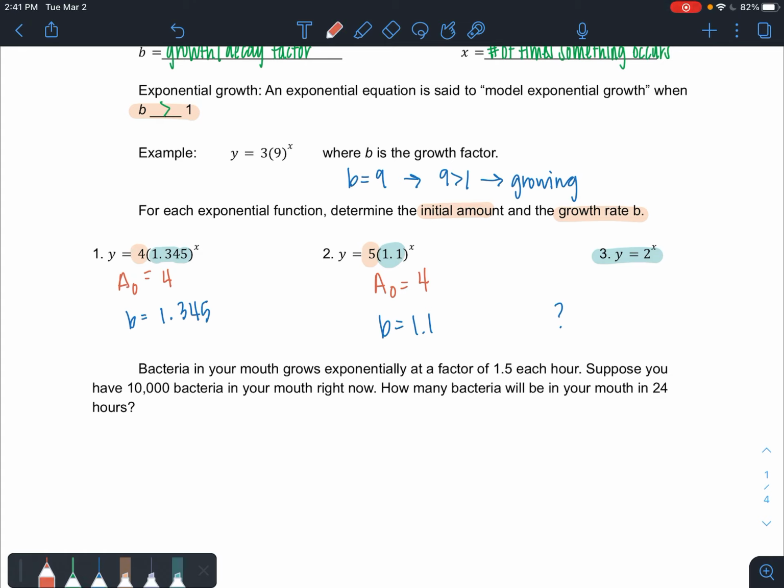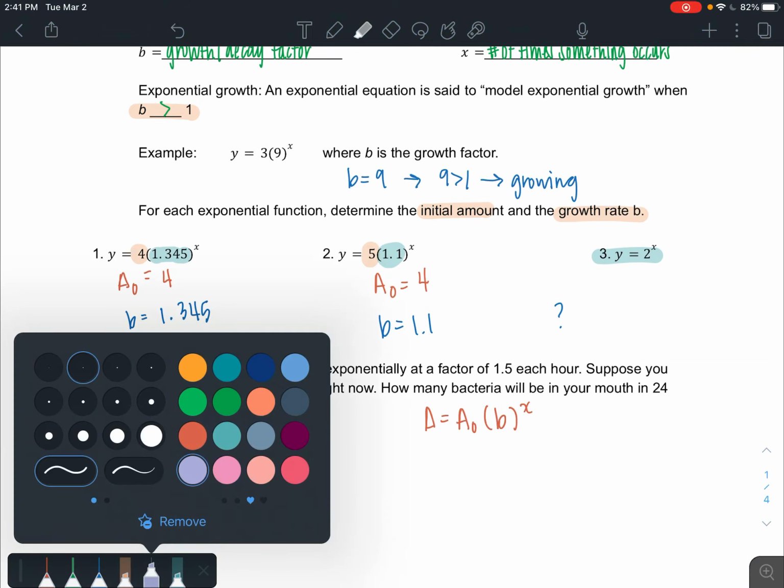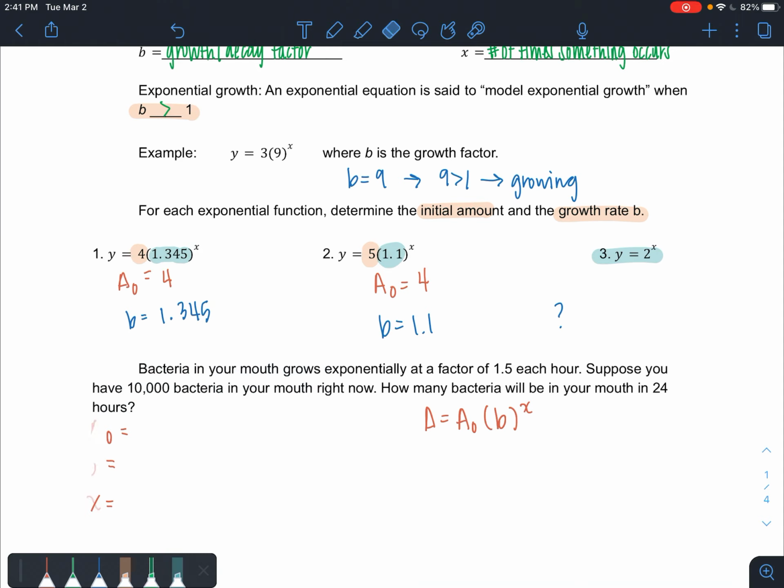So let's go ahead and, since we only have the number of times that it happens, we're going to use A equals A sub 0 times B to the X. And so I'm going to pick out my A sub 0, my B, and my X.